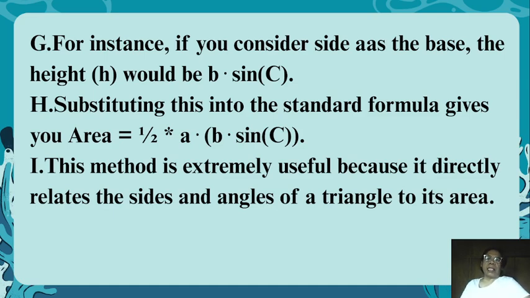For instance, if you consider side a as the base, the height would be b times sine angle C. Substituting this into the standard formula gives area equals 1/2 times a times b times sine of angle C. This method is extremely useful because it directly relates the sides and angles of a triangle to its area.